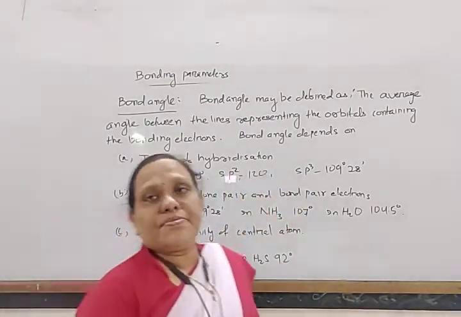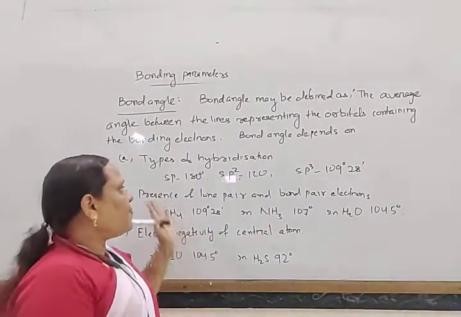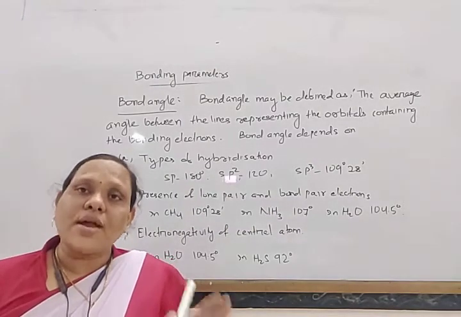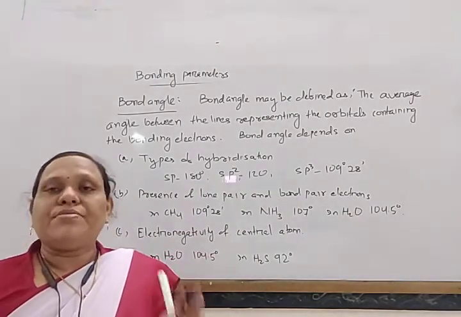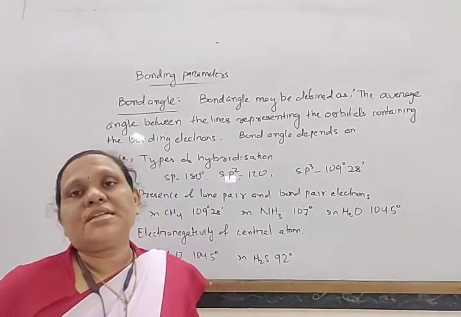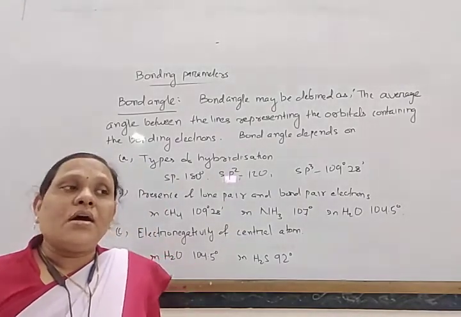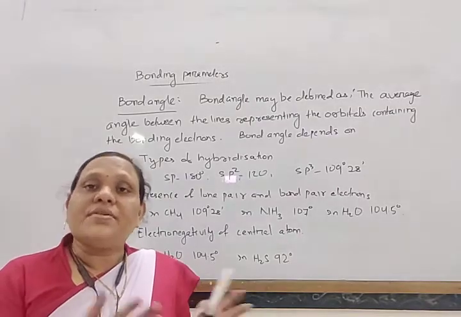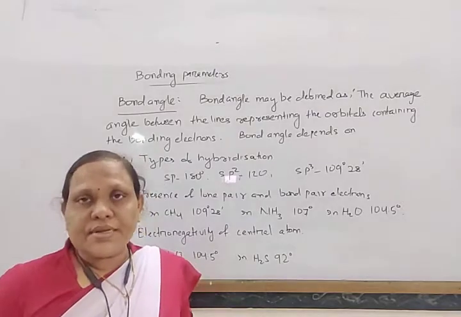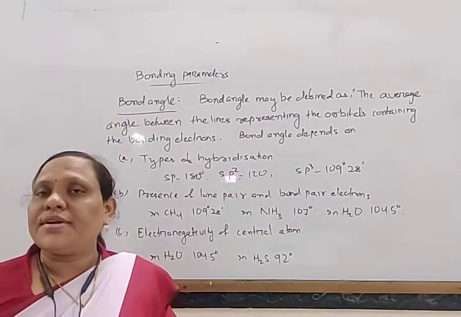The bond angle also depends on different factors. The type of hybridization: in sp hybridization, the orbitals align themselves making an angle of 180 degree. In sp2, they make an angle of 120 degree. In sp3 hybridization, the orbitals make an angle of 109 degree 28 minutes. In sp3d, they make angles of 120 degree and 90 degree. So with different hybridization, if it has a regular shape, there are different bond angles.